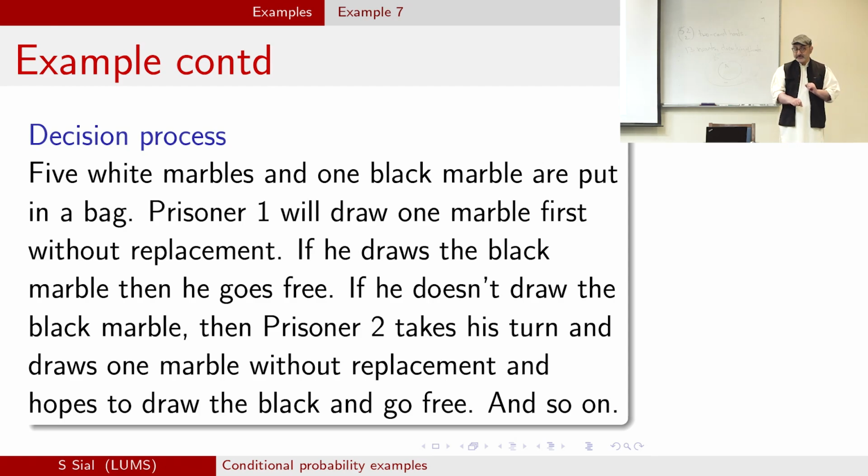If prisoner number 2 draws the black, then prisoner number 2 is released. All the others get to stay. If he hasn't drawn a black, there's still a black in the bag, then we go to prisoner number 3, and we keep going like this. So that's how we're going to select who's going to be released.